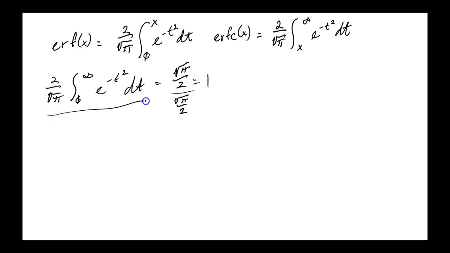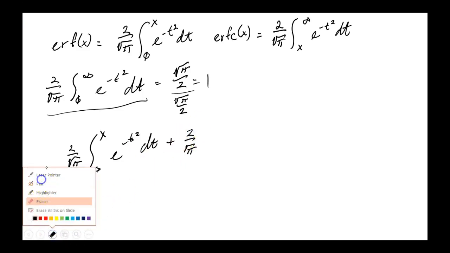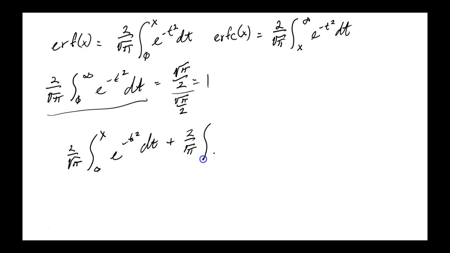And that's why, since this integral right here is 1, you then split this into two pieces, the first piece being 2 over root pi times the integral from 0 to x of e to the minus t squared dt, plus the complementary piece, which is 2 over root pi times the integral from x to infinity.